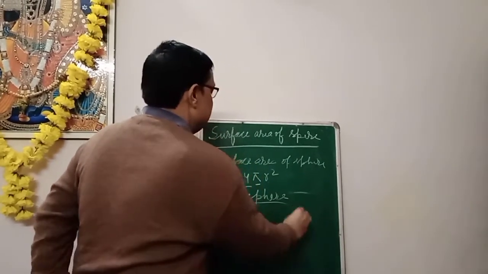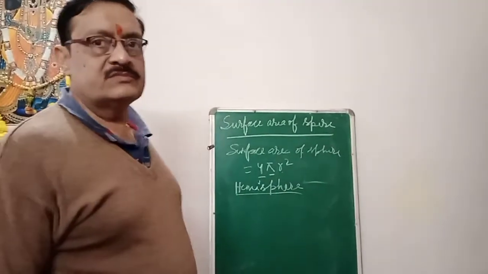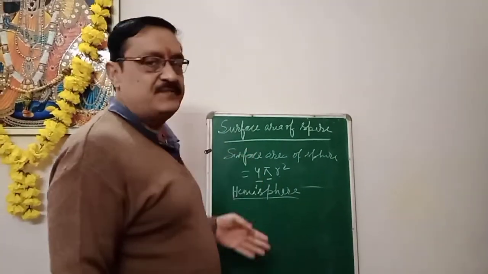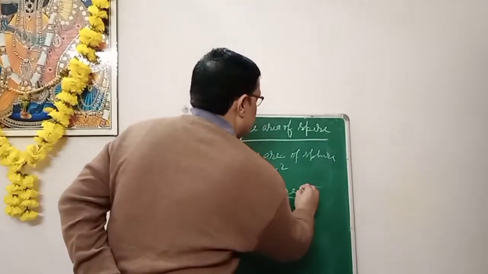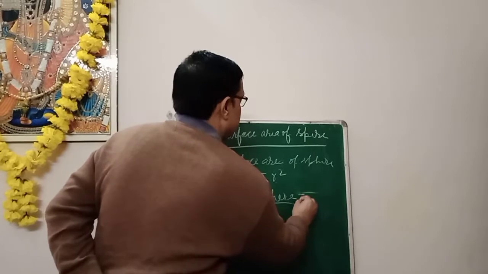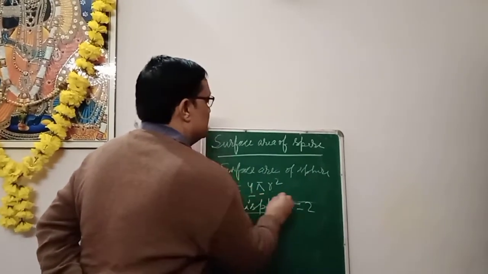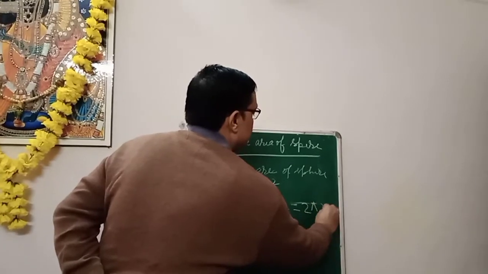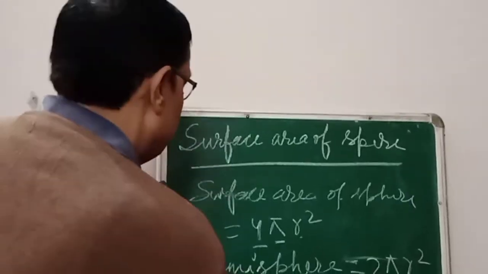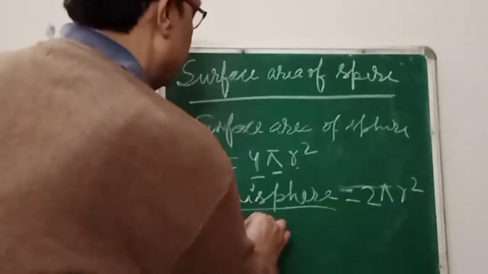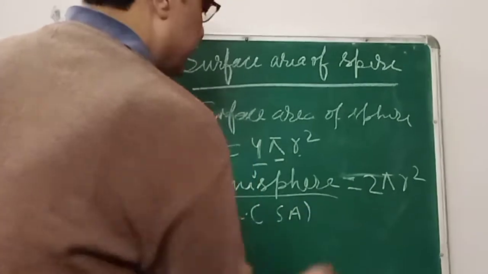Since this hemisphere is half of the sphere, the surface area of this hemisphere is 4 pi r square divided by 2, that is 2 pi r square. And this is the curved surface area of the hemisphere.